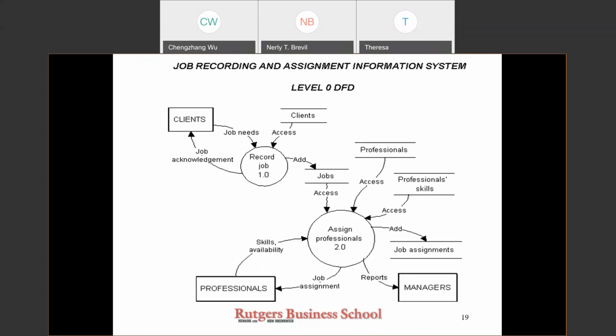You can see the record job process is shown with 1.0 and assignments of professionals it's shown as 2.0. That's why it is called level 0.